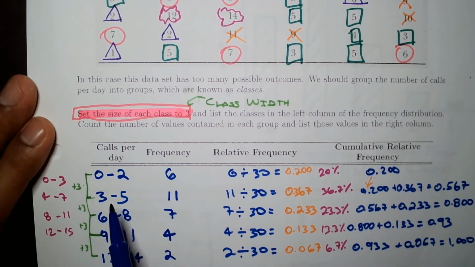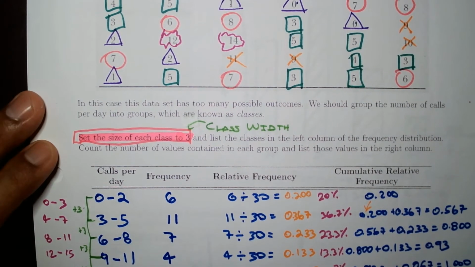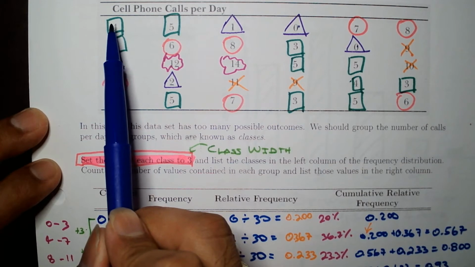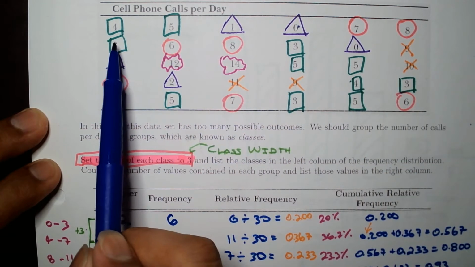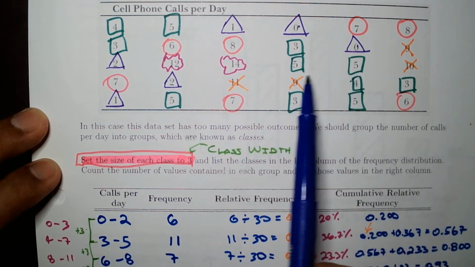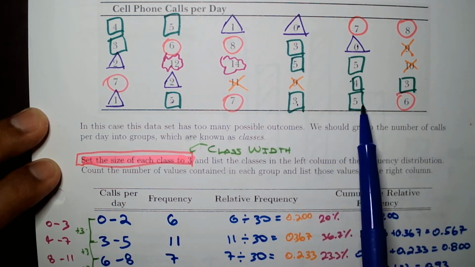Now we're going to look for the entries that are 3s, 4s, and 5s. For those, I use the green square. So 4s, 5s, and 3s. I have 1, 2, we're done, 3, 4, 5, 6, 7, 8, 9, 10, and 11.